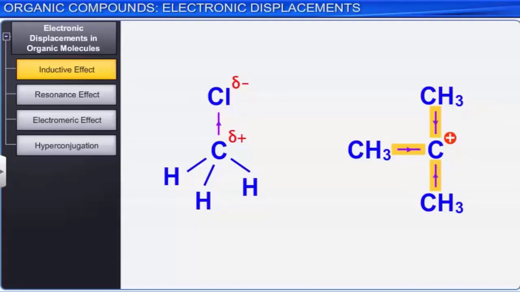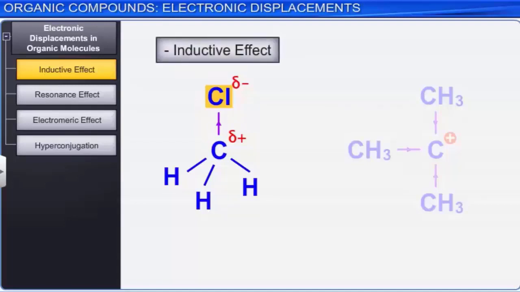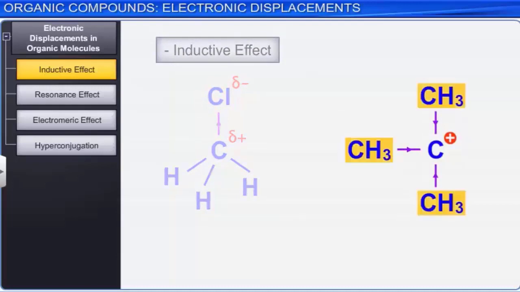If any atom or group attracts electrons more strongly than hydrogen, it is classified as electron withdrawing group and is said to have a minus inductive effect. On the other hand, if any atom or group attracts electrons less strongly than hydrogen does, then it is classified as electron donating group and is said to have plus inductive effect.